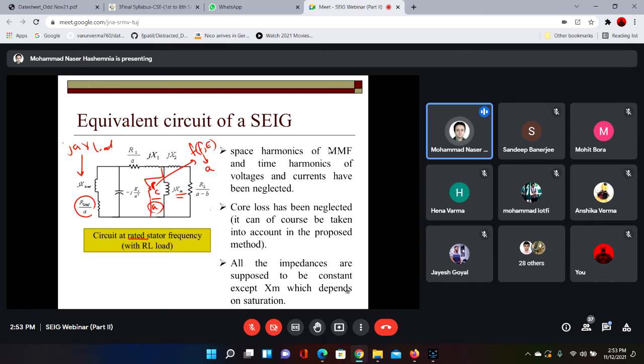In other machines, for example, in an induction motor which is connected to the grid, we suppose that we have the value of XM. But here we don't know XM a priori. We should calculate it, and then we will have the value of XM. Why? Can anyone answer?